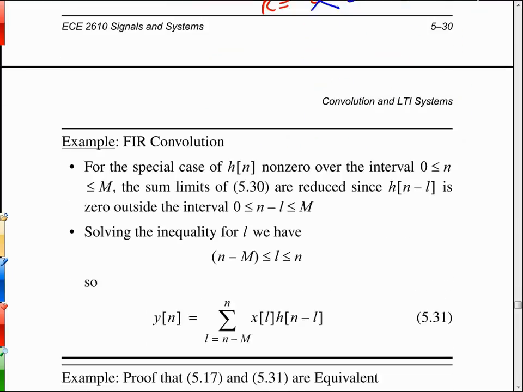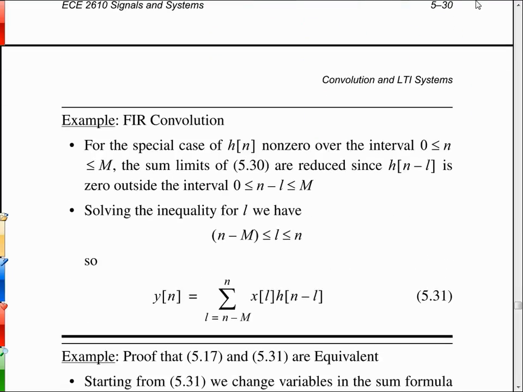So down here, I knew it was M, not N, but at any rate, its support interval is 0 to M for n minus L, and then just swirling that around in terms of L, we rearrange that inequality down here to just say L needs to only run from n minus M up to n.